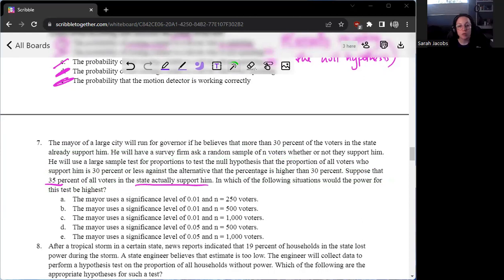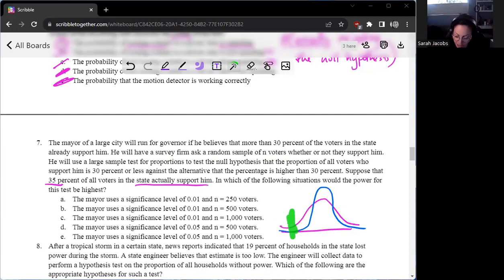Okay, so power increases with sample size. Power also increases with the significance level, because the power is the probability of correctly rejecting the null hypothesis. Sample size just makes our curve narrower. This would be that same with a bigger sample size.